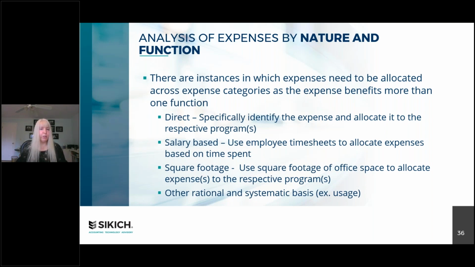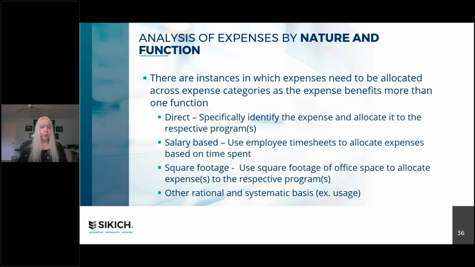You could use square footage to allocate expenses to the respective programs. You may have another rational and systematic basis, for instance, usage, such as number of copies used for allocation of a copy machine, or other kinds of usage-based allocations.